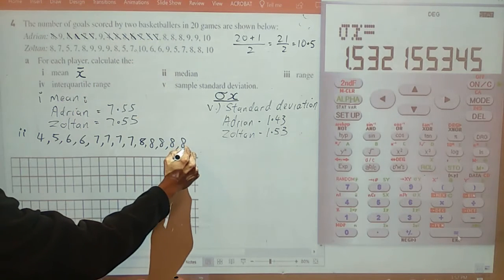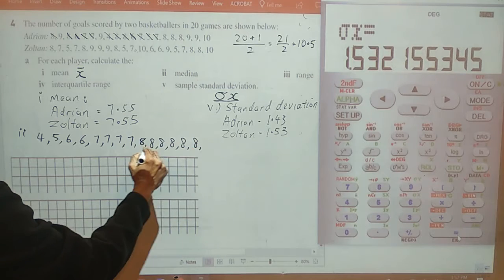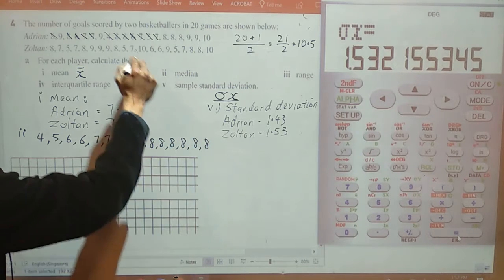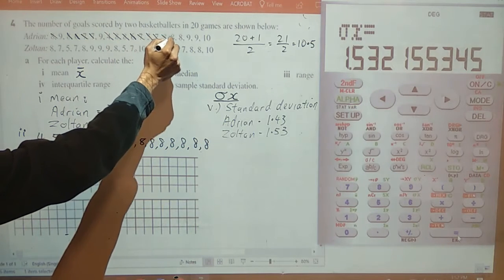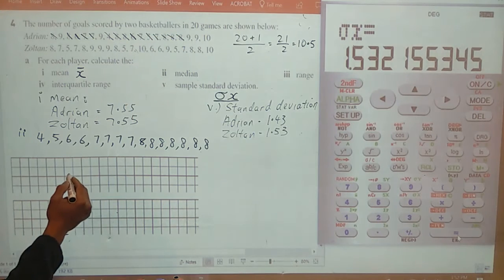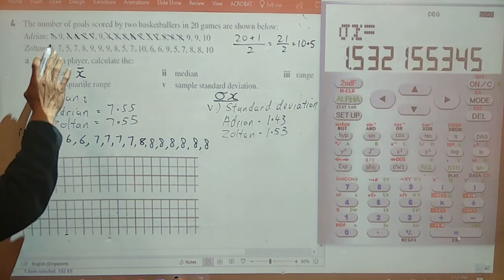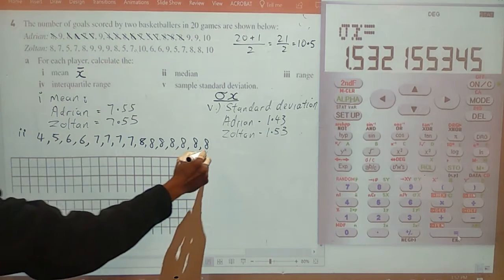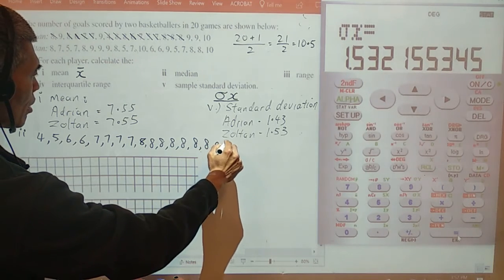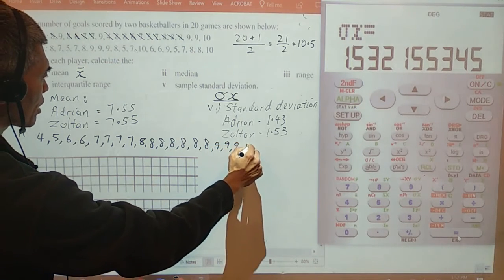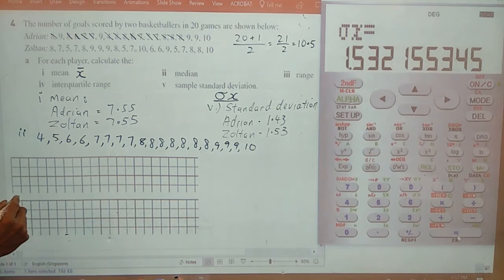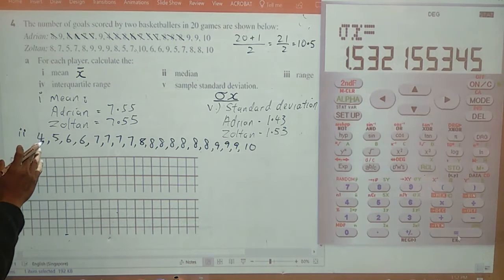We have 7 8s. And that finally leaves us with 3 9s and a 10.